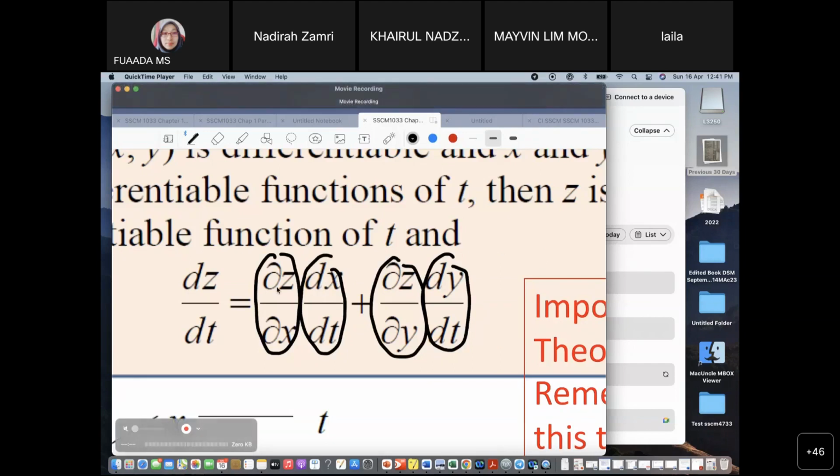But del, when you have del, it is representing that you deal with more than one, two variables or two parameters. Tapi when you want to calculate, the notation can be combined.